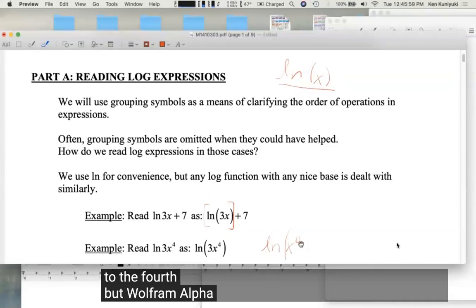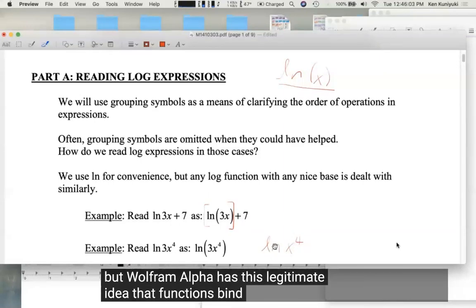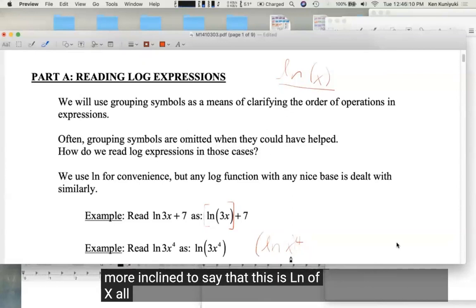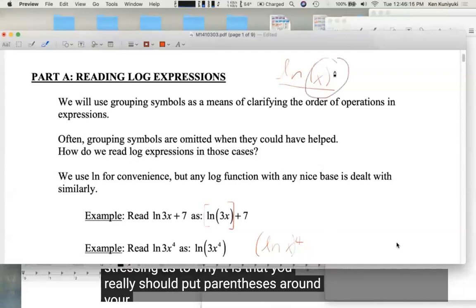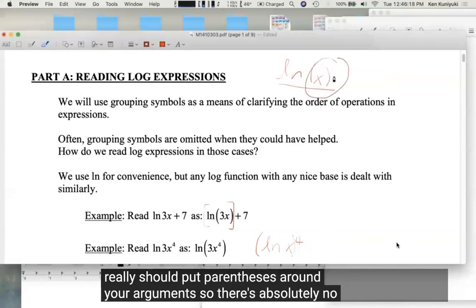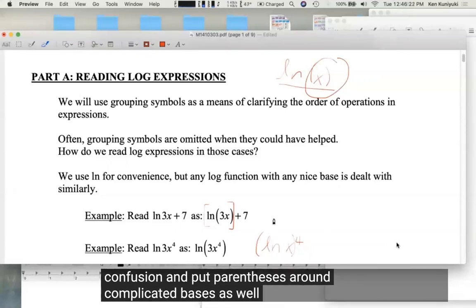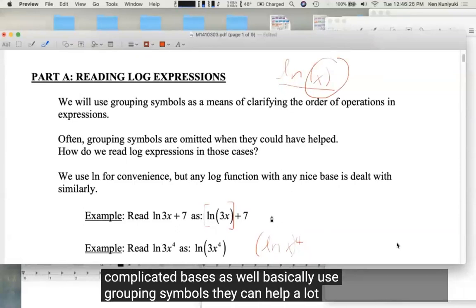But Wolfram Alpha has this legitimate idea that functions bind more tightly than exponents. So Wolfram Alpha is more inclined to say that this is ln of x all to the fourth, which really stresses why you should put parentheses around your arguments so there's absolutely no confusion, and put parentheses around complicated bases as well. Basically, use grouping symbols. They can help a lot.